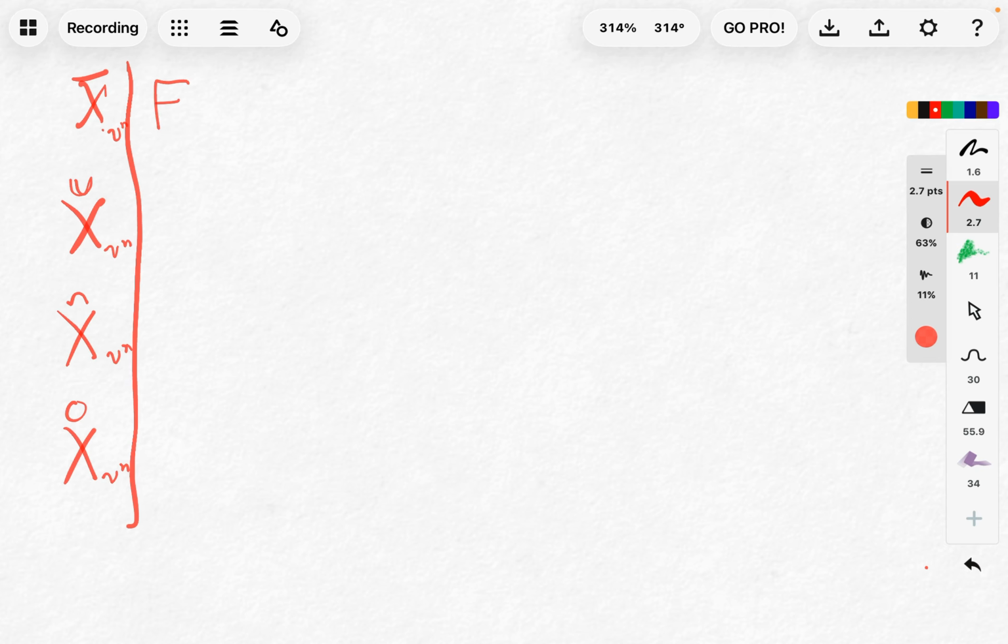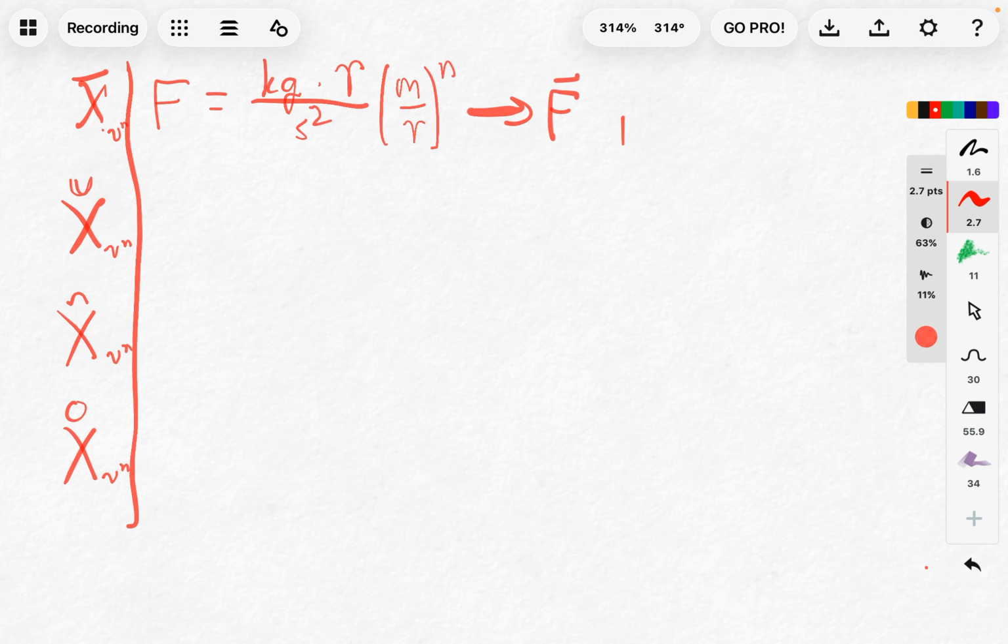For example, with force, what we just had was kilograms times the unit per second squared times meters per the unit to the N. All this does is flip it over, and thus F bar has units of kilograms times a unit under second squared times meters under the unit to the n.